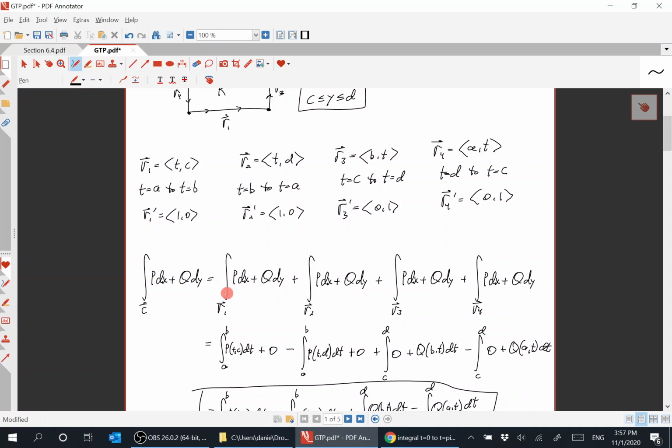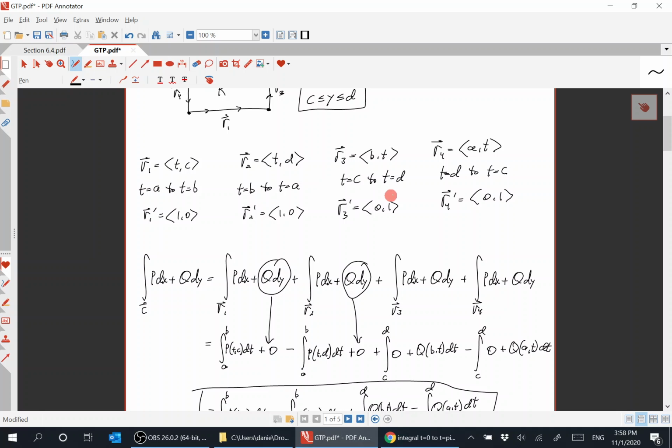Well, it's the integral over boundary part R1, p dx plus q dy, boundary part R2, p dx plus q dy, boundary part R3, p dx plus q dy, boundary part R4, p dx plus q dy. Over R1 and R2, the derivative of y is 0, so q dy is 0 in both of these.